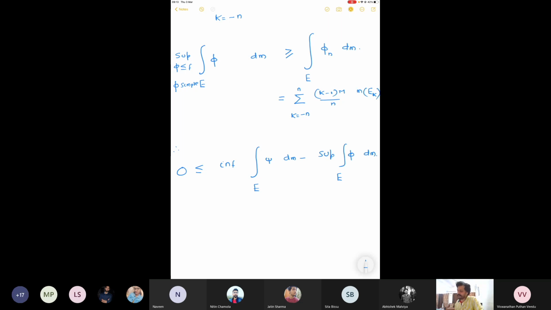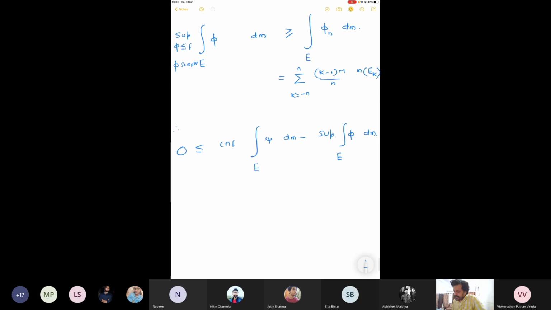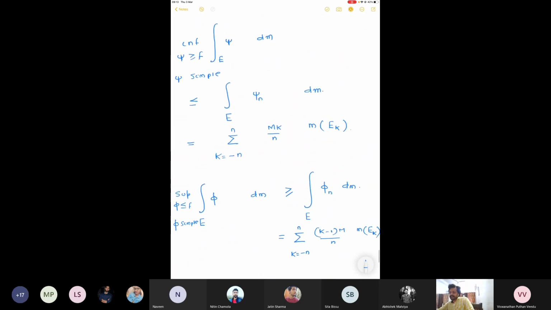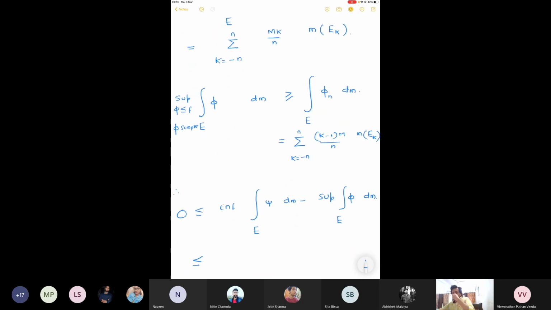Zero less than or equal to is clear. One is infimum and one is supremum, so this will be less than or equal to the difference of these two, because infimum is less than or equal to this and supremum is greater than or equal to this.